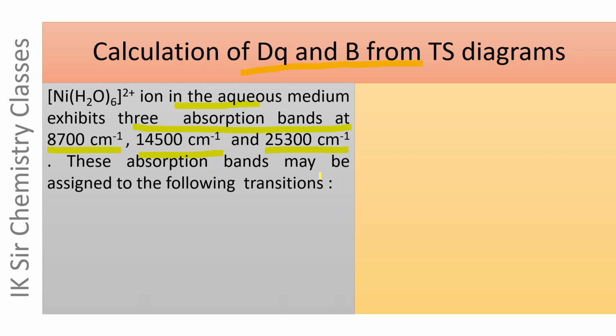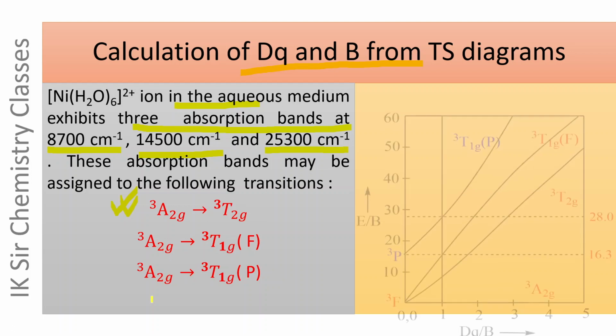These absorption bands may be assigned to the following transitions, all transitions arising from triplet A2g, which is the ground state, the constant reference point taken on the x-axis or abscissa, horizontal axis: triplet A2g to triplet T2g, triplet A2g to triplet T1g(F), and triplet A2g to triplet T1g(P).